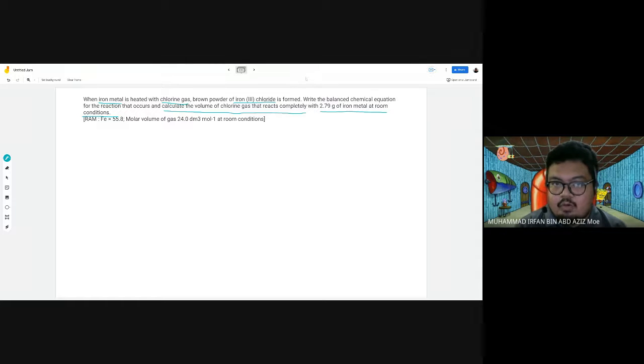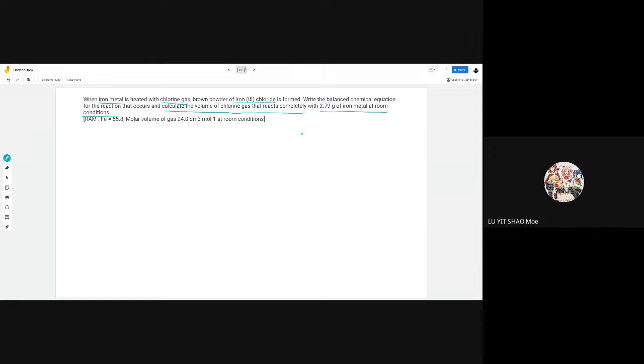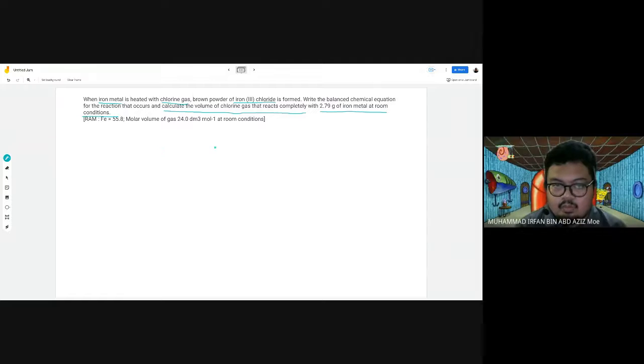What is the formula for iron? Check your textbook, the page from the other day. When in class, you need to have your textbook with you. Don't just look at the screen.